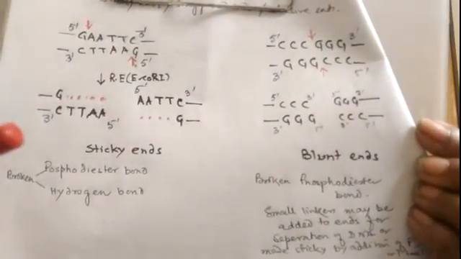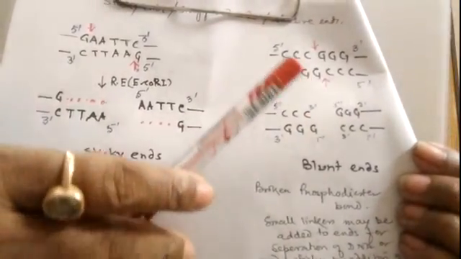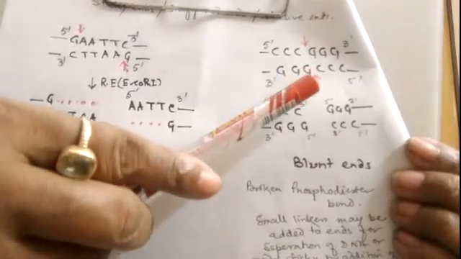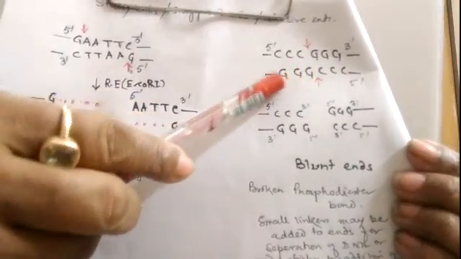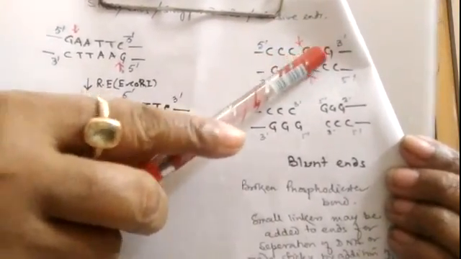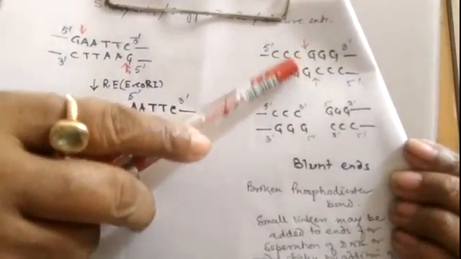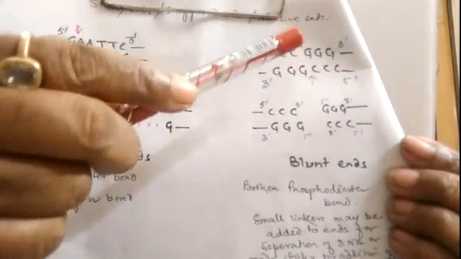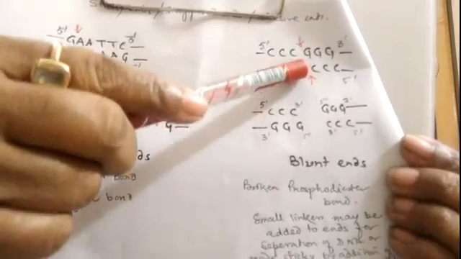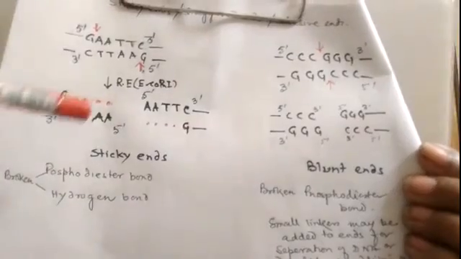Now, another type of restriction endonuclease, like SmaI, can cleave the phosphodiester bond, and this is having CCCGGG and GGGCCC. These are the complementary strands with the recognition sequence of SmaI, and here it is cutting in between C and G, and thus it is forming an end where there is no left out part like this.